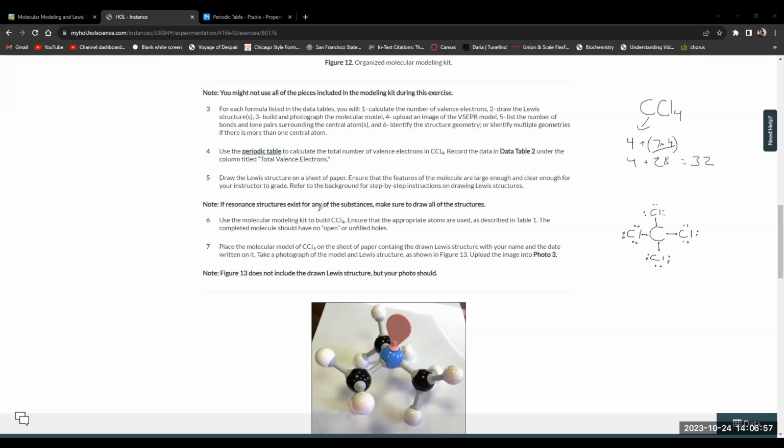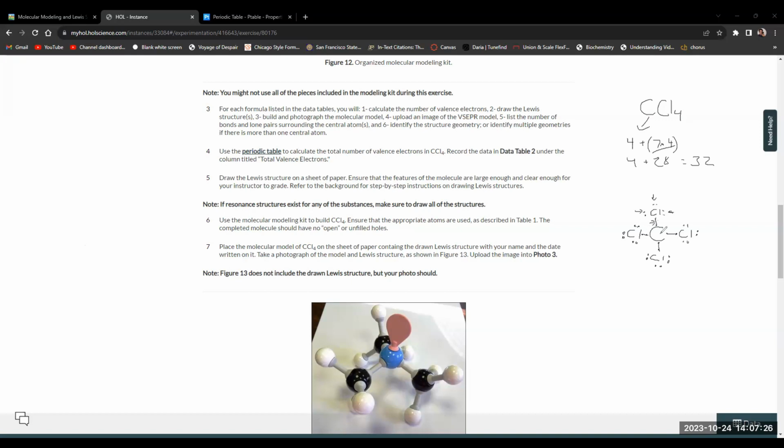And then let's count. So 2, 4, 6, 8. Looks like carbon has an octet, which is what we want. And then 2, 4, 6, 8 on the chlorine.